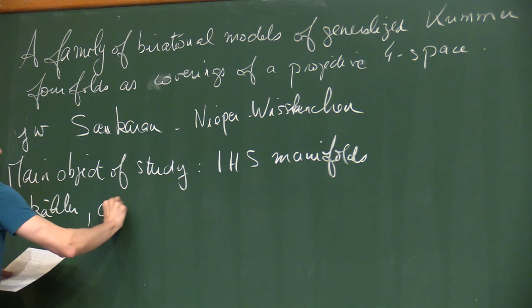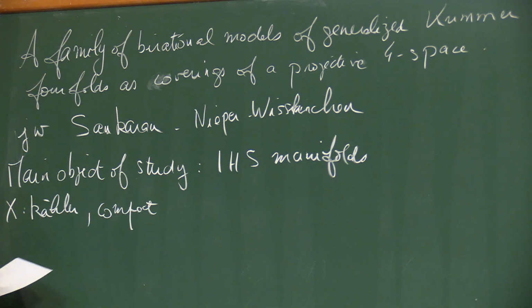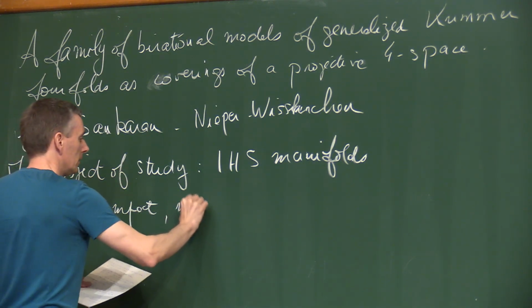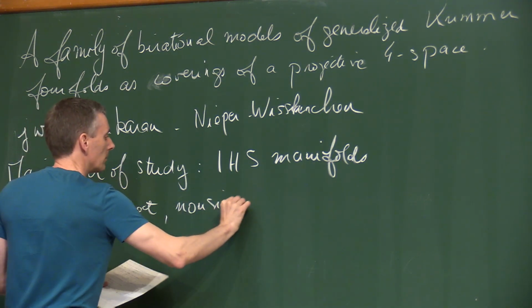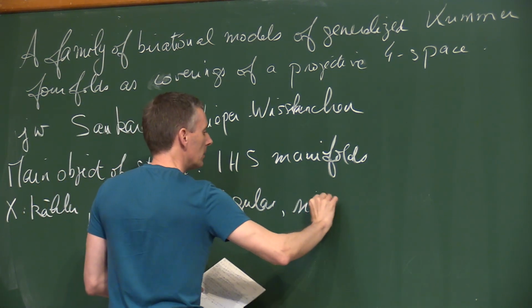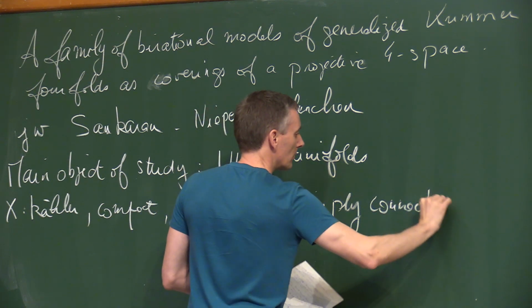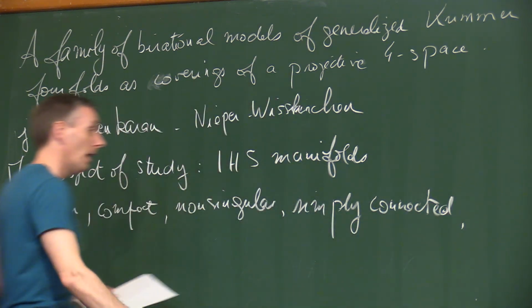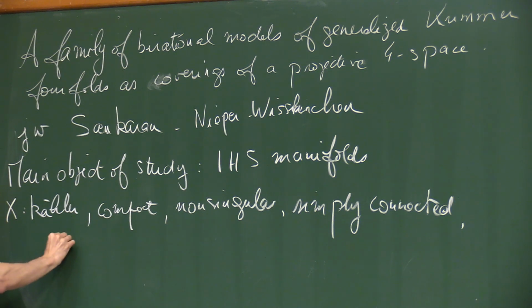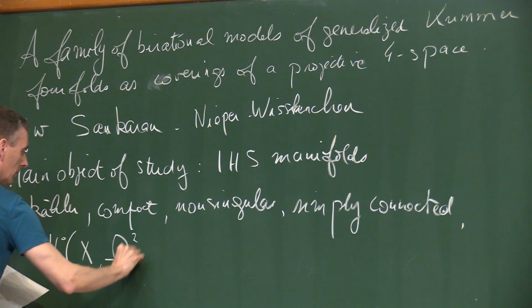Compact. So it's such a variety X: Kähler, compact and non-singular, simply connected, and with one global holomorphic two-form that is everywhere non-degenerate.